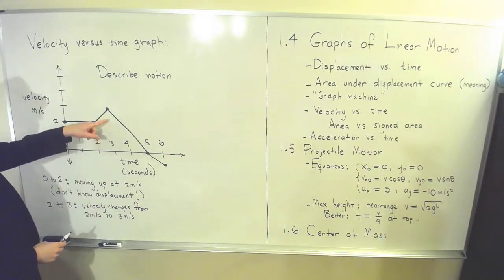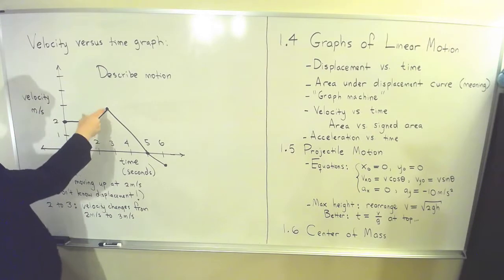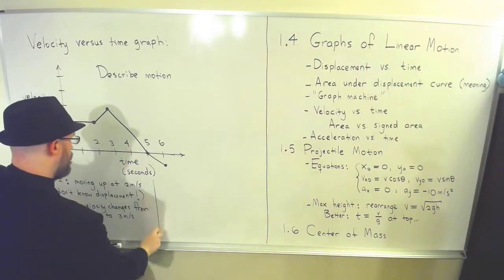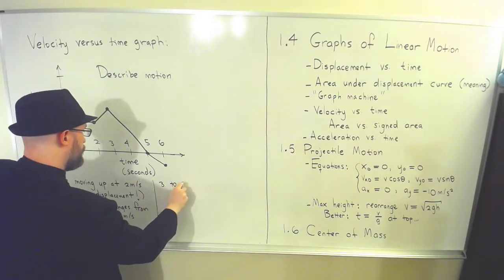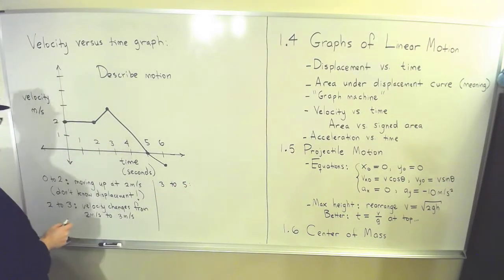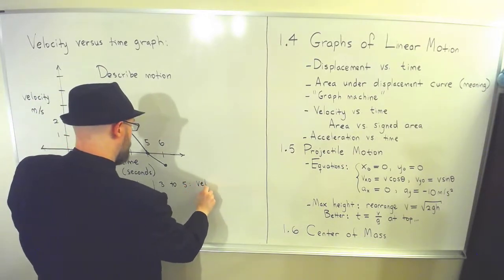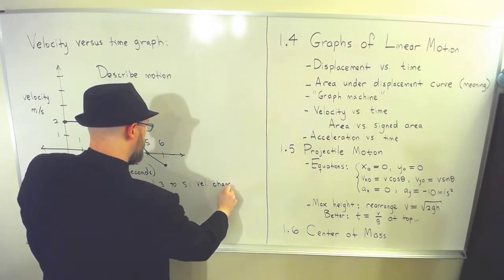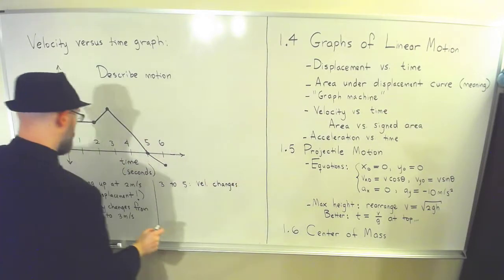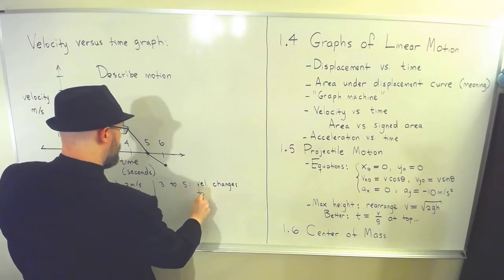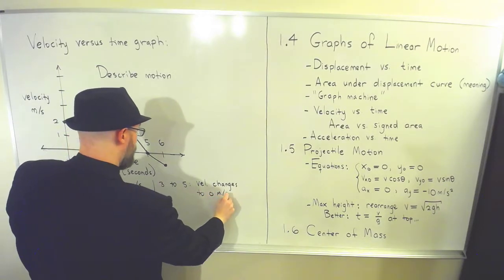And then from 3 to 5, this is supposed to be a straight line. It doesn't quite look straight. But so 3 to 5, the velocity changes from 3 meters per second to 0 meters per second.